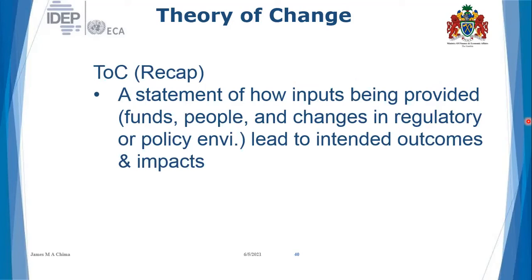So we see that a theory of change is a statement of how the inputs conferred into the intervention, such as the funds, the people, the changes in regulatory or policy environment, eventually lead to the intended outcomes and impacts.